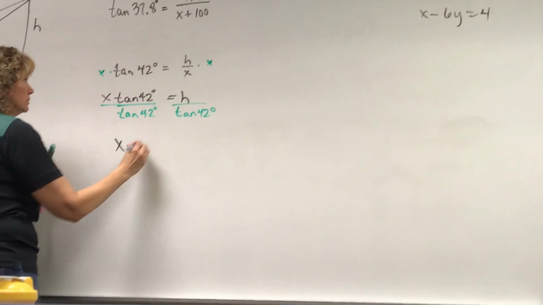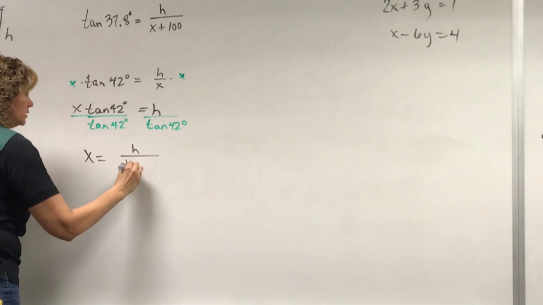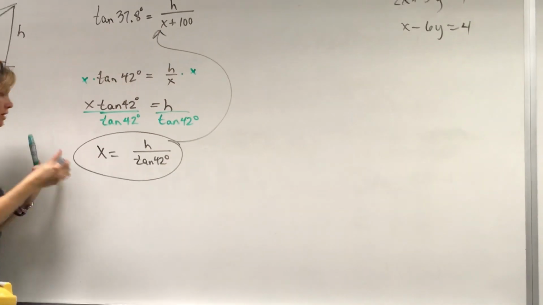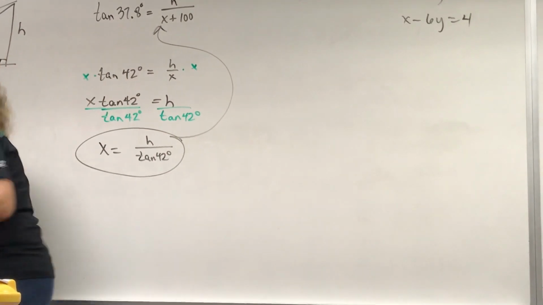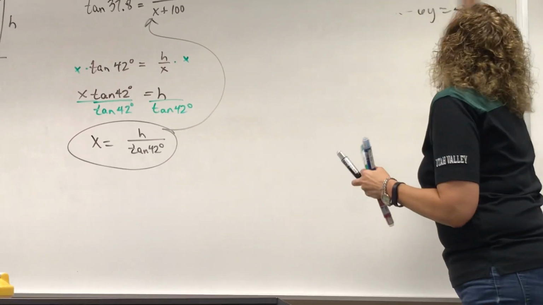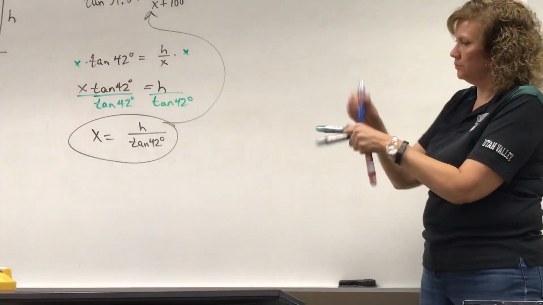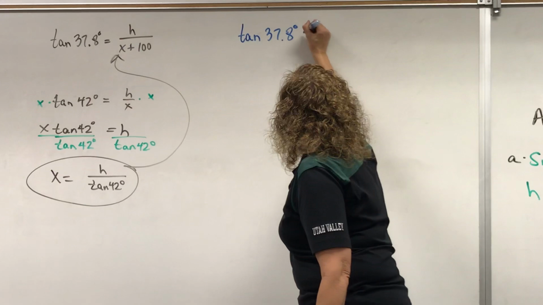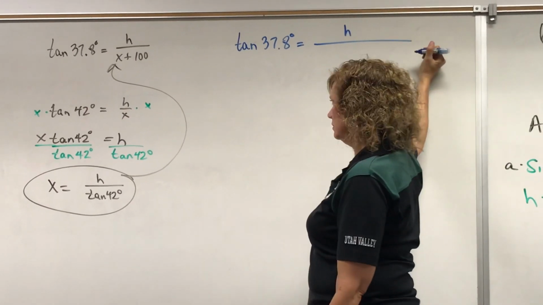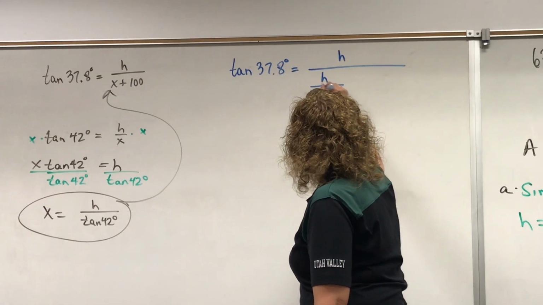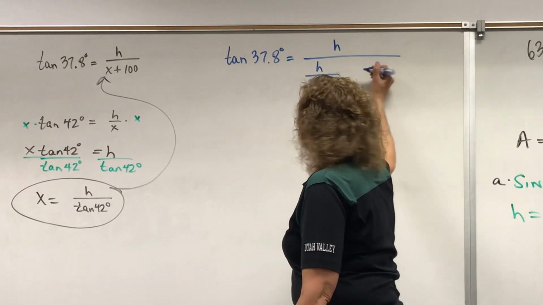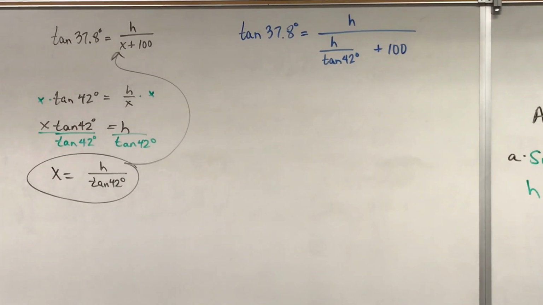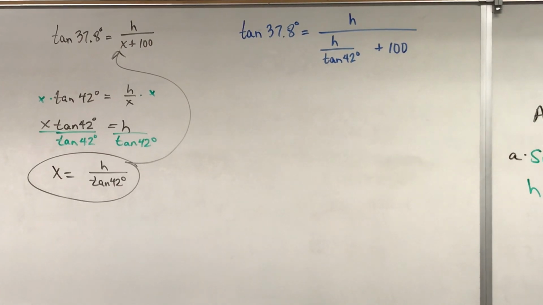So x is h over the tangent of 42 degrees, which we're now going to substitute right there and enjoy the joy. All right, we gotta solve for h.